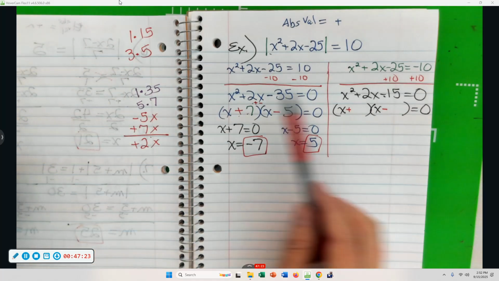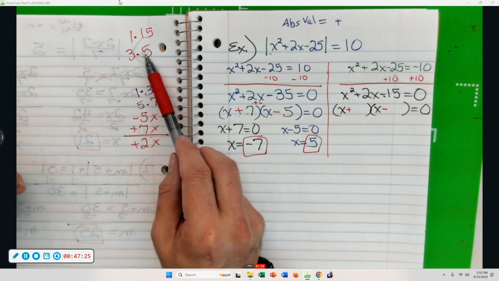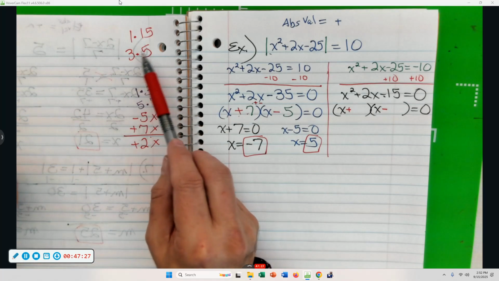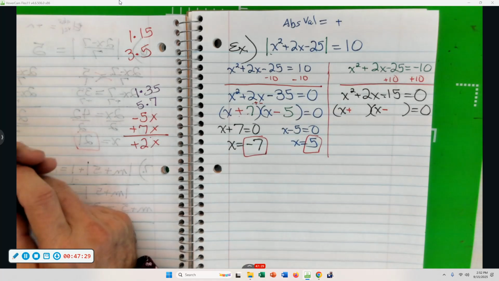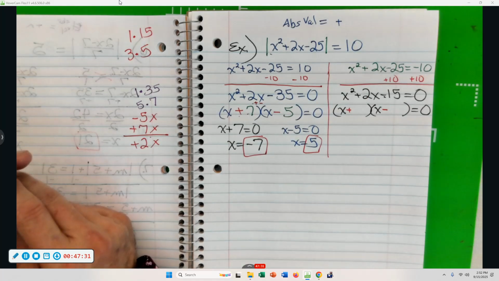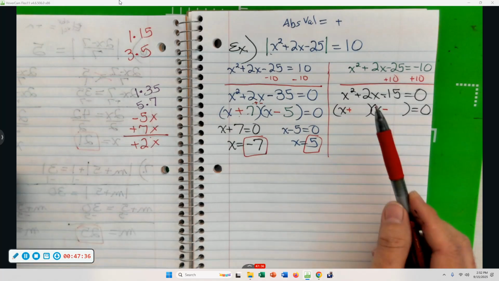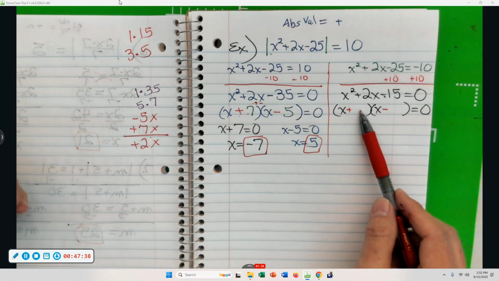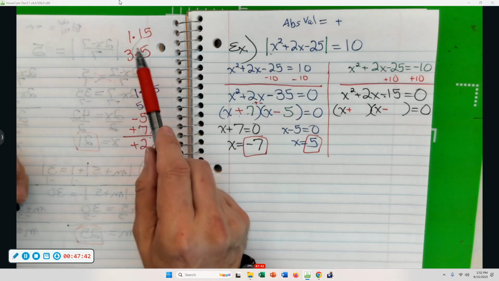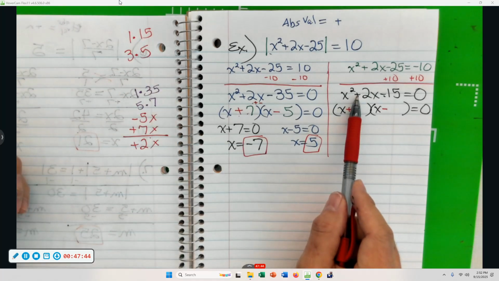Okay, remember that the pair has to add or subtract. In this case, it subtracts to give you that positive 2x. Play around with it in your head to get that plus 2x. What should go after the x plus? The larger number goes with that sign right there.